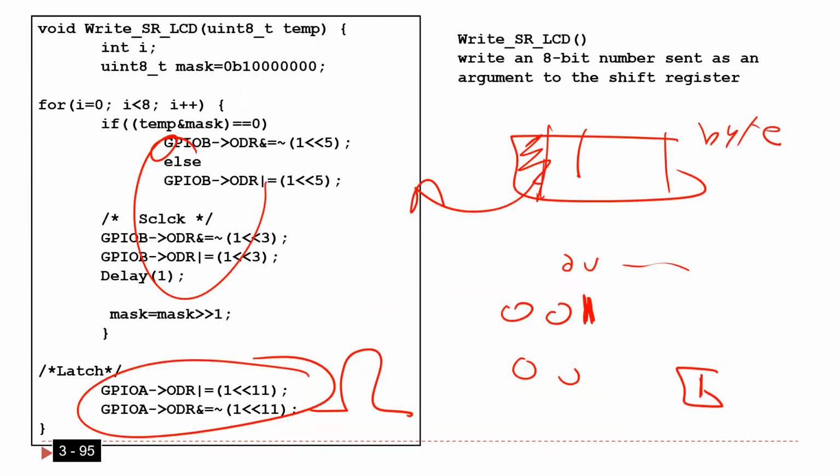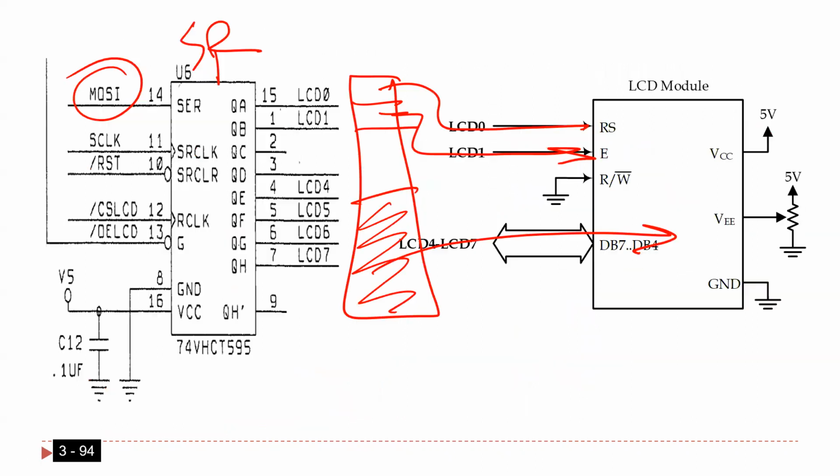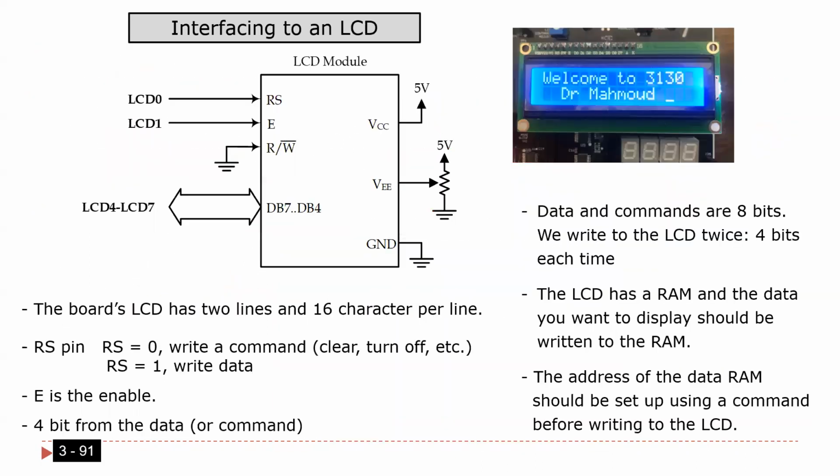Okay. So now let me tell you what I explained, guys. Number one, you should understand how the LCD is connected. The LCD is connected to a shift register. The shift register is connected with 3 pins to the microcontroller. Is that okay? Number two, I explained, if you want to forget how it is connected for now, I already have a function.